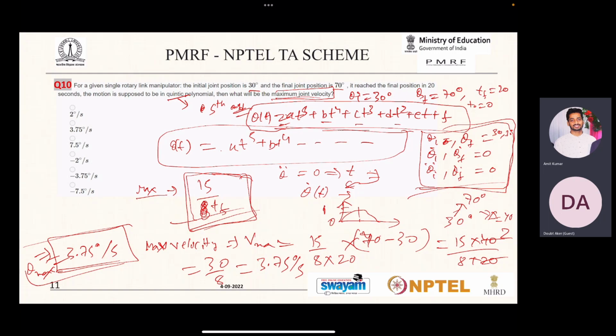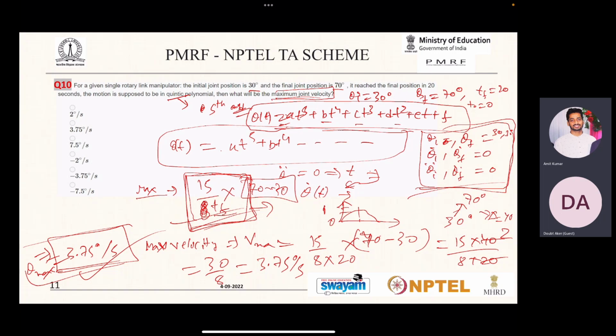You just take the result, put in TF and scale it, as here 70 minus 30 is the difference, 40, and we'll be able to find the maximum joint velocity. So this is how we get the maximum joint velocity for question number 10 and for the quintic polynomial.